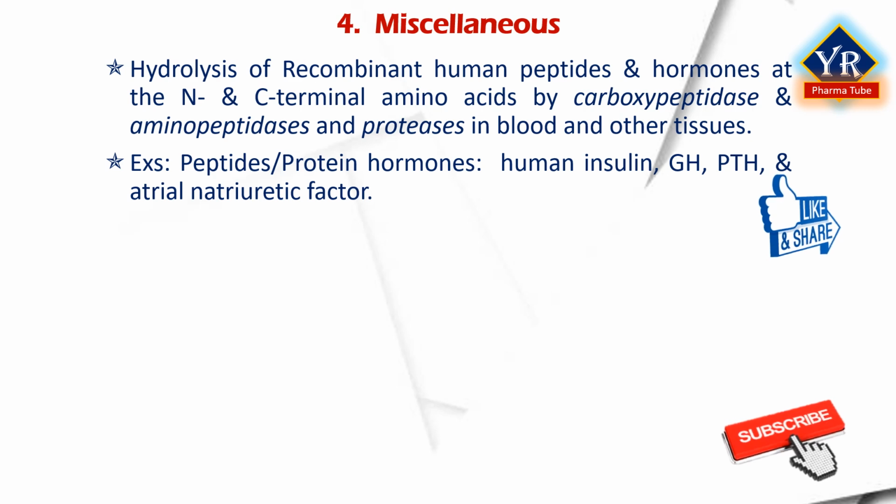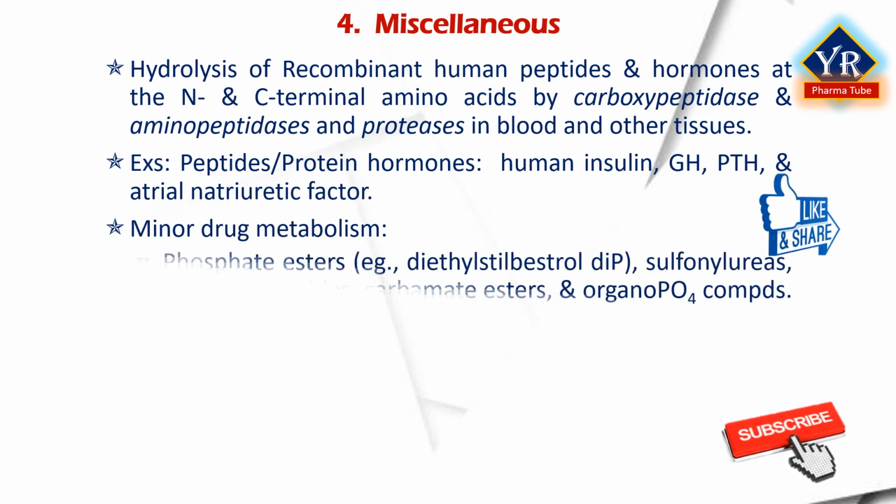In addition to hydrolysis of esters and amides, hydrolytic cleavage of other moieties occurs to a minor extent in drug metabolism, including the hydrolysis of phosphate esters, for example, diethylstilbestrol diphosphate, sulfonyl ureas, cardiac glycosides, carbamate esters, and organophosphate compounds.